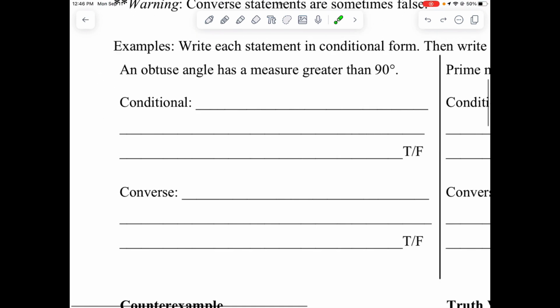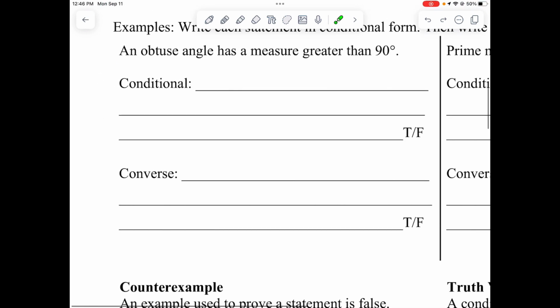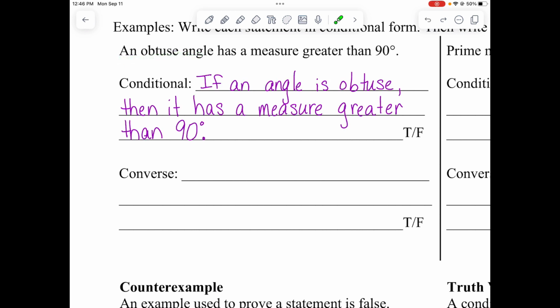First we have, an obtuse angle has a measure greater than 90 degrees. First we have to turn this into an if-then statement. So we would say, if an angle is obtuse, then it has a measure greater than 90 degrees. Notice I had to switch up the words a little bit to keep the syntax correct, to make it good English writing.